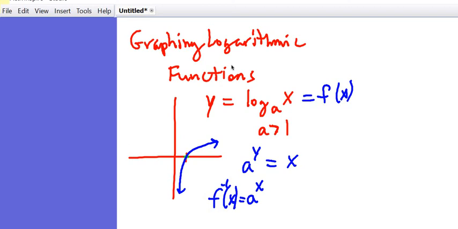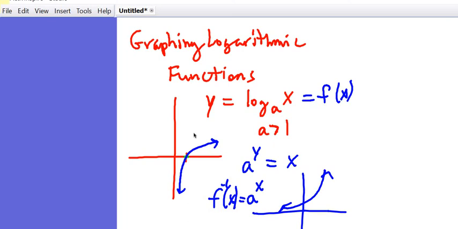Now, I said all of that to say, when we graph the exponential growth function, it looks like this. Notice the asymptote is the x-axis. But over here, for the inverse, the logarithm is the inverse of the exponential function. Notice now my asymptote is the y-axis.